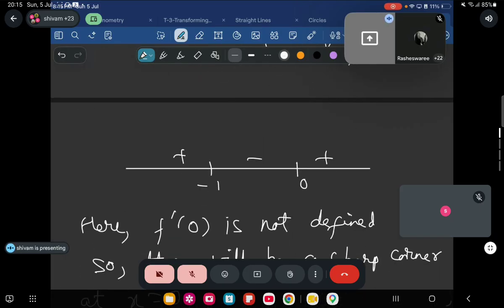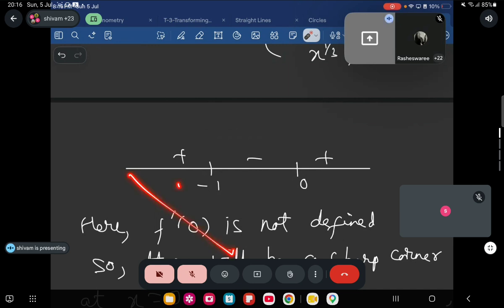Around 0, dy by dx is negative on the left hand side, positive on the right hand side. So dy by dx is changing from negative to positive around 0. So tangents are like this. It is increasing. Minimum. Wait.